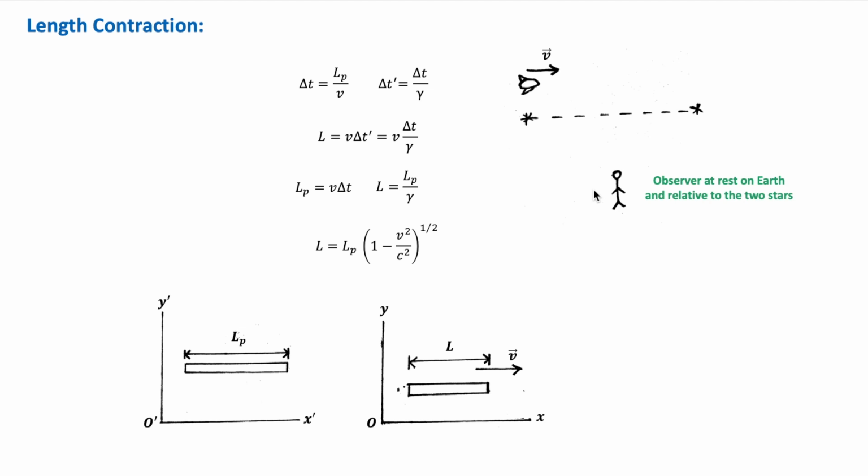So for this observer here in the spaceship, there is no time dilation, but length is contracted. And for this observer here, there is time dilation, but the length is the proper length, okay? And this is why the proper length and the proper time are measured in different reference frames.